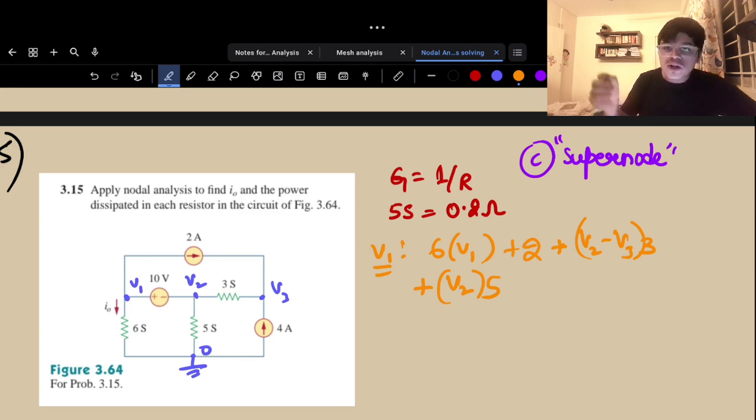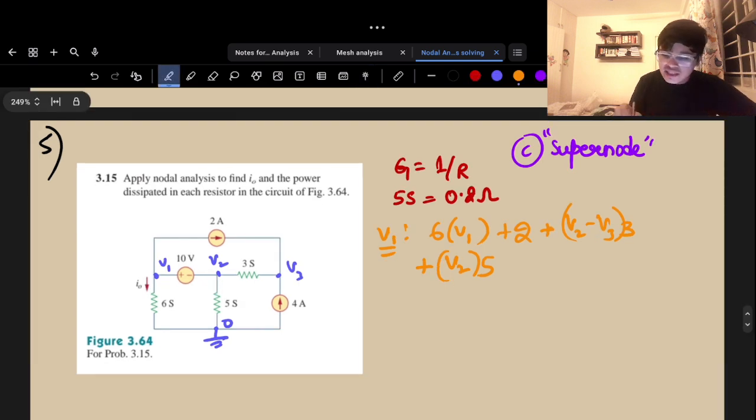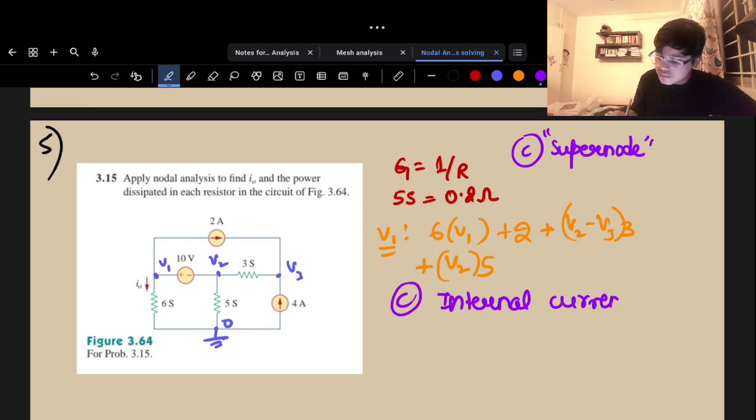Now, Anish, what about the internal current? The current that was going here or the current that was entering here, whatever. There would have been some current, right? And I'm saying just treat it as an internal current concept. It is bound to get cancelled.